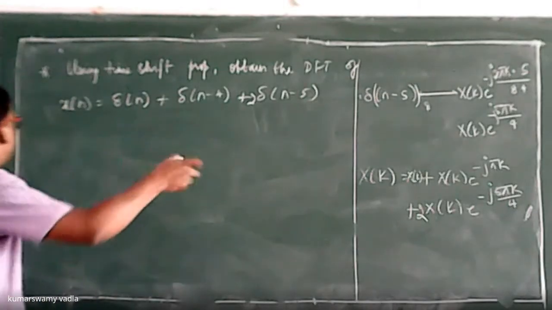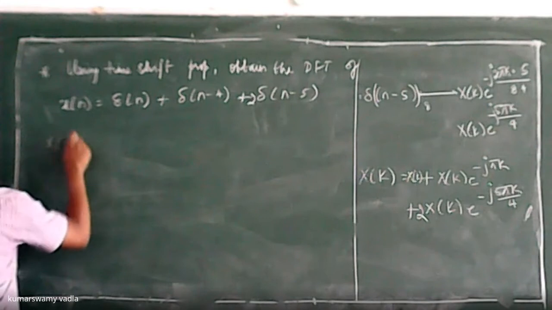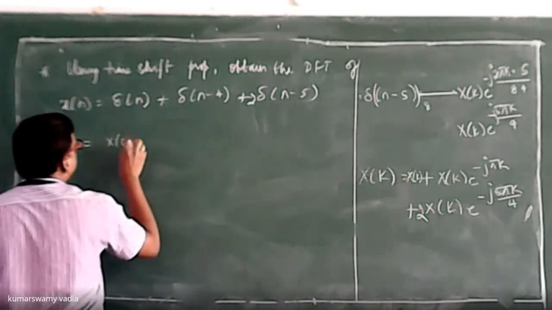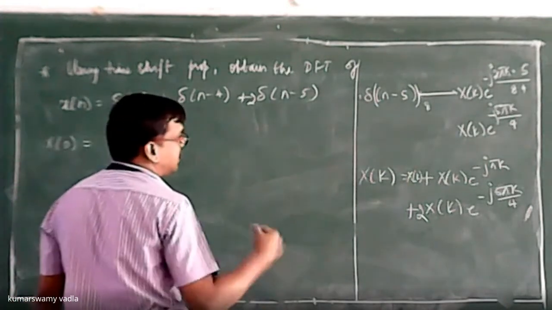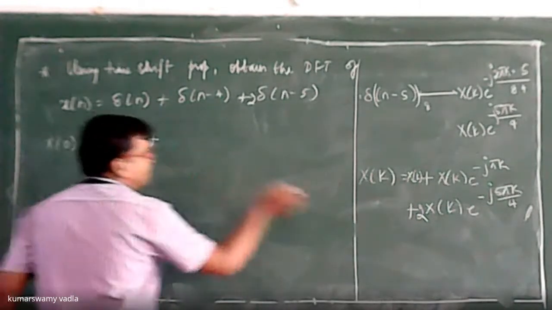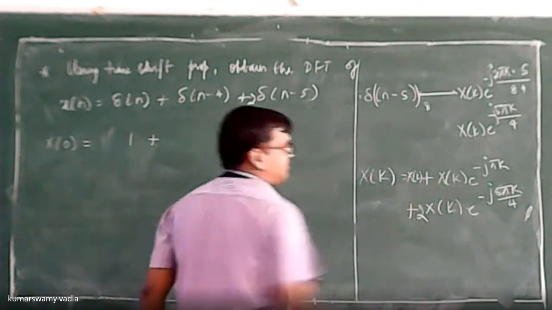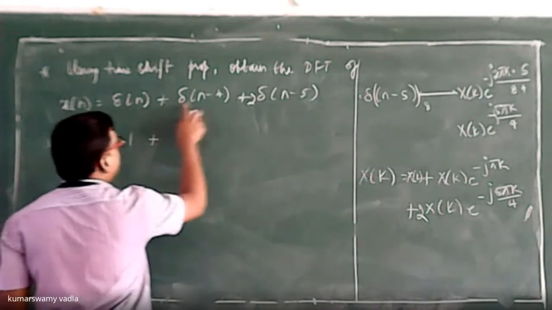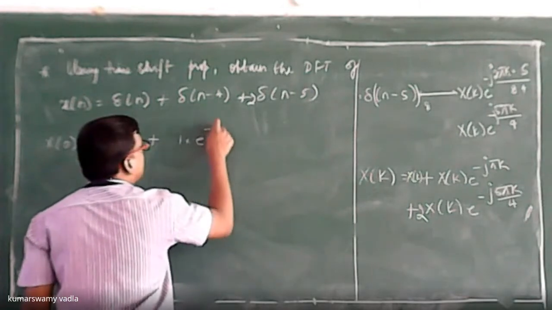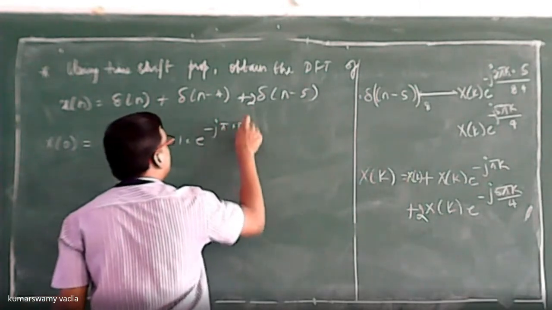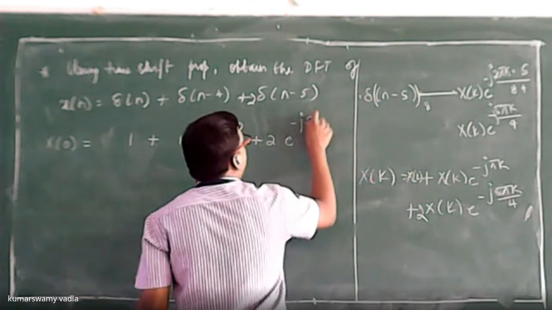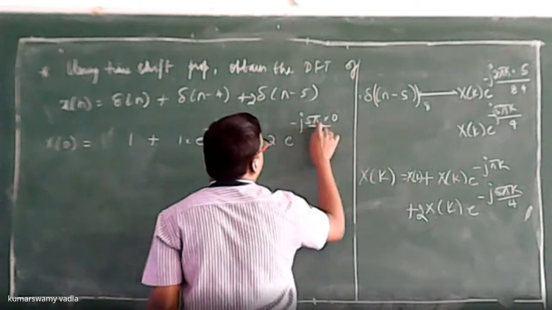Very good. So first, X of 0 is equal to delta of 0, that is 1, plus all the values of X of k will be 1 here, because all are delta terms. 1 plus e power minus j pi into 0, plus 2 e power minus j pi into 0, divided by 4.